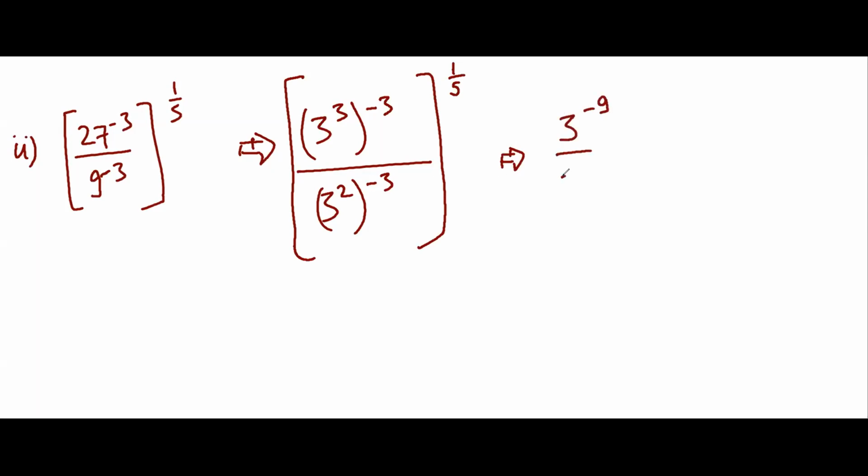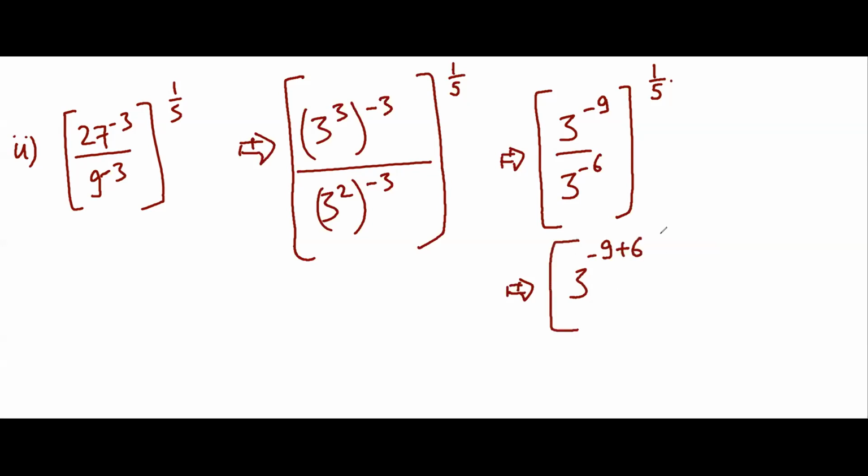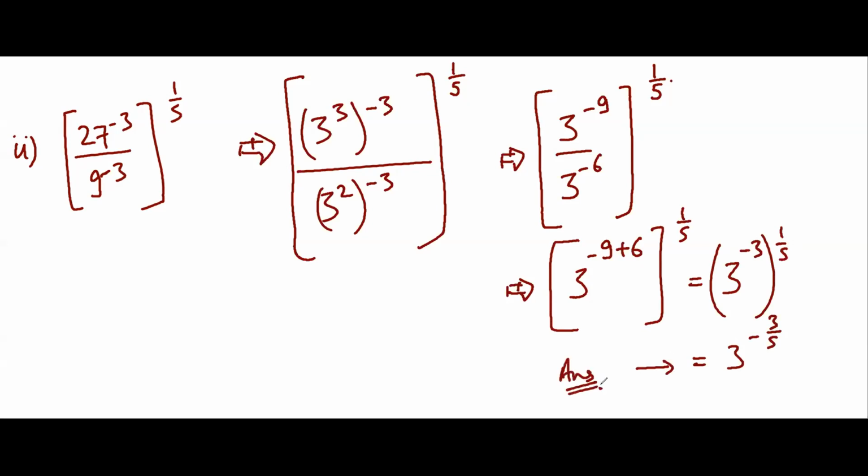This I can write as 3 raised to power minus 6, and the 1 by 5 looking at everything inside. Okay, so this is equal to minus 6. This minus 6 will come up and become plus, and 1 by 5. This is equal to 3 raised to power minus 3 by 5. This is the final answer.